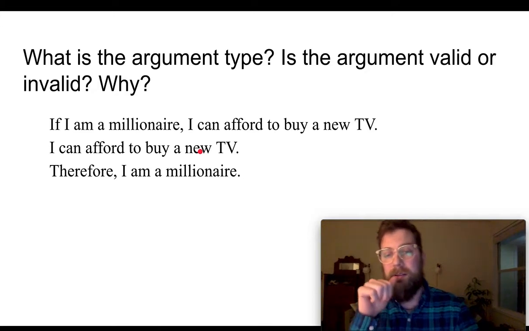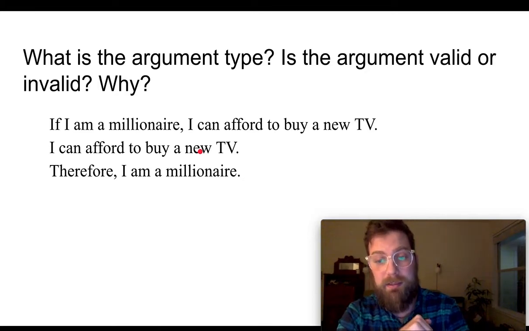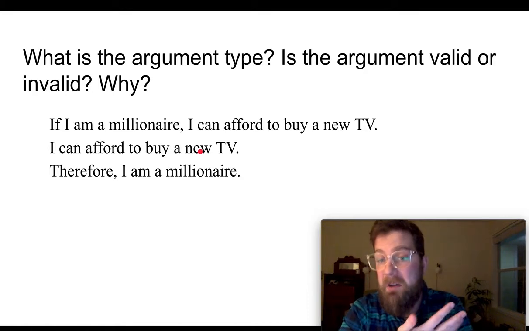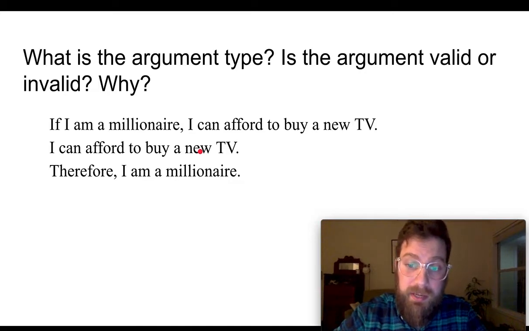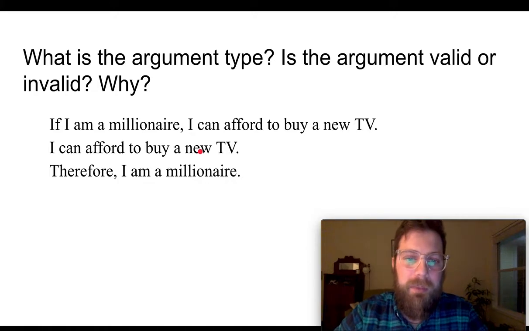And we notice that we can also give a counterexample to this. So I will let you know that I am not a millionaire, and I could afford to buy a new TV, if I really needed one. The one I have right now is fine, so I'm not going to.